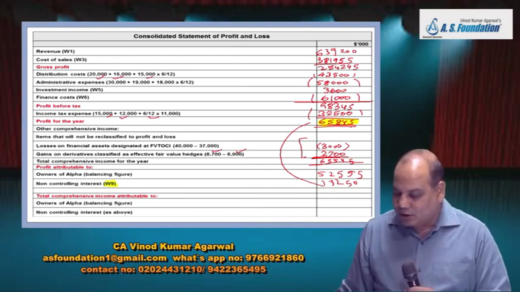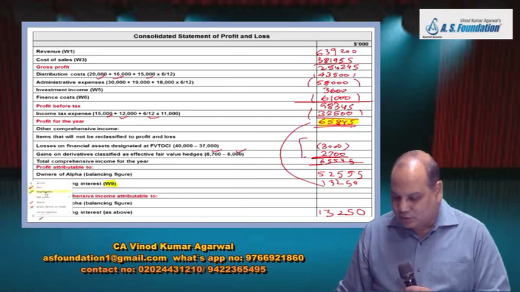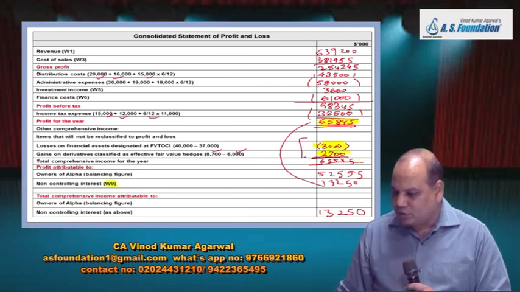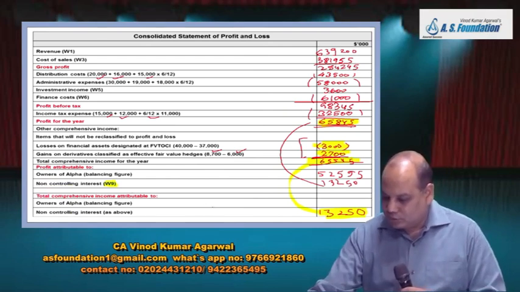Therefore NCI as above means 13,250 because NCI has no share in these two adjustments. Both adjustments were made in the books of parent only, correct? Now again tell me balancing figure. This time take 65,545 minus 13,250. So the answer will be 52,295.